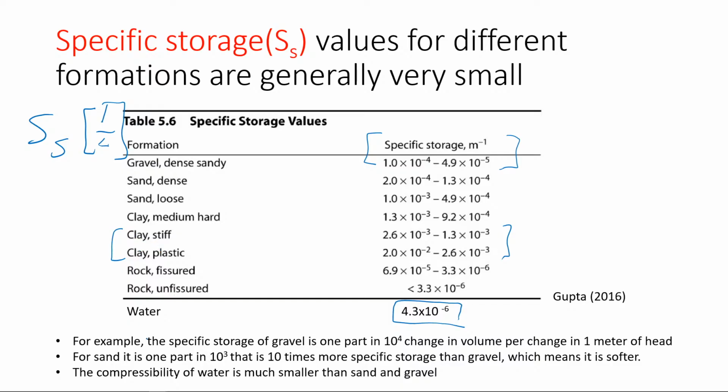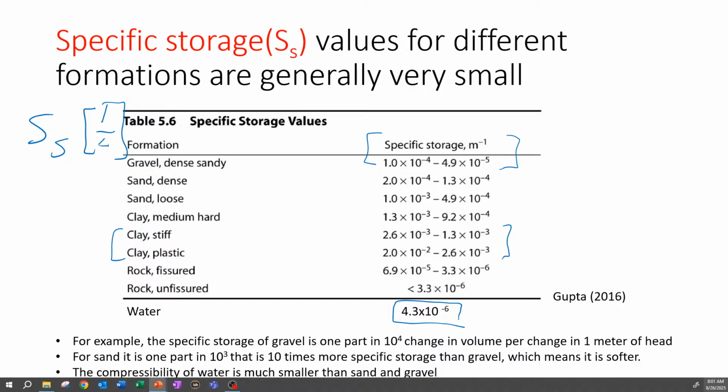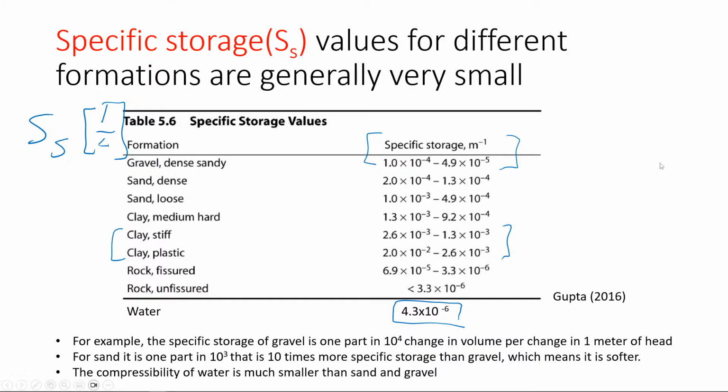Let me read this for you. The specific storage of gravel is 1 part in 1,000, change in volume per change of 1 meter head. What does this number mean? Let me give you an example. Let's say the specific storage of gravel is 10 to the power minus 4.